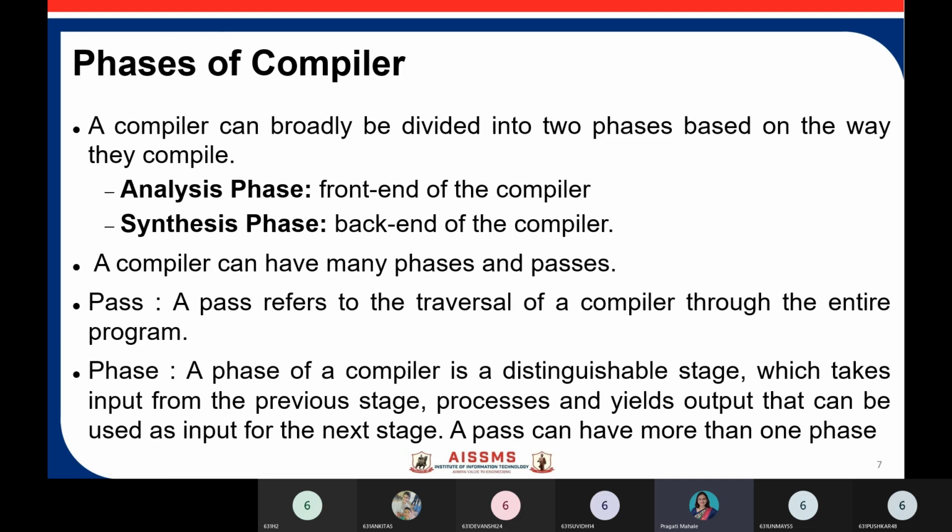So this is a very common question. Also, it can ask a question like explain the structure of compiler. So structure of compiler, only the question format is different. You just have to say that the structure of compiler has two parts. First part is the analysis phase, and second part is the synthesis phase, and then you go on explaining both the analysis and synthesis phase.